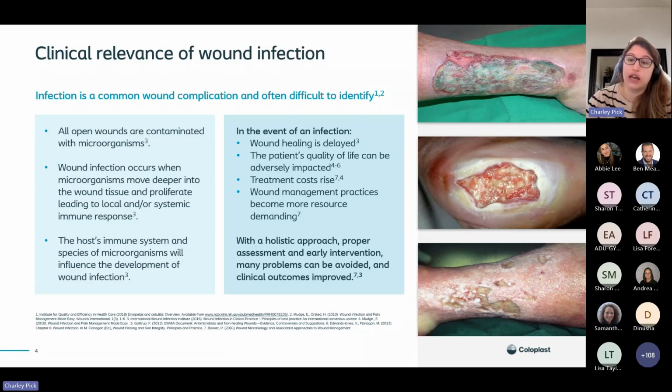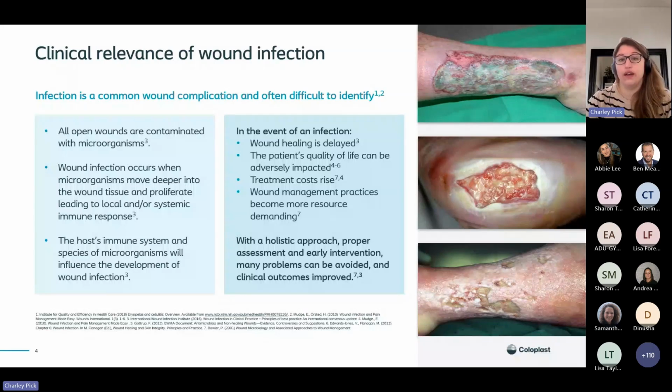Now, often patients that have got chronic wounds or wounds that are hard to heal often have lots of comorbidities, and therefore their immune system might not be what it once was, and therefore the bacteria can take over, and it might be more difficult with patients that have got difficulties with their immune systems.